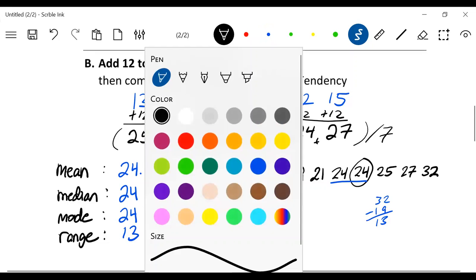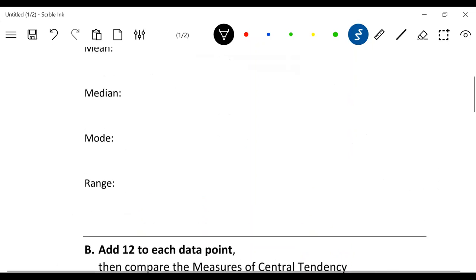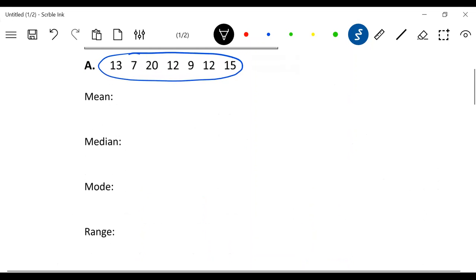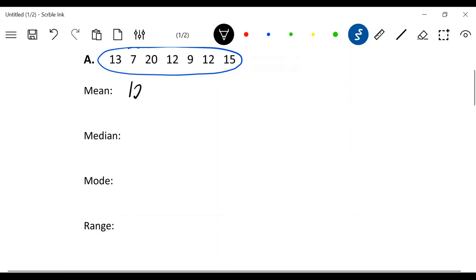Now, above this, we look at the mean, median, range, and mode. Those were 12.6, 12, 12, and 13. And let's compare them now.